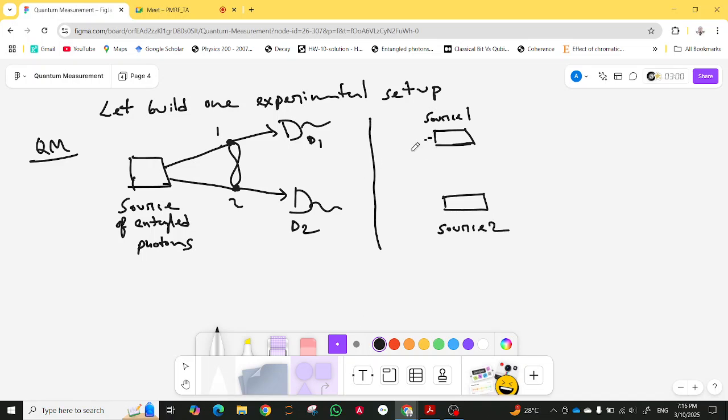And they told there are some variables that are hidden. That's why it is called a hidden variable. So they told there may be some hidden variables between source 1 and source 2. So source 1 emits the first photon and source 2 emits the second photon.